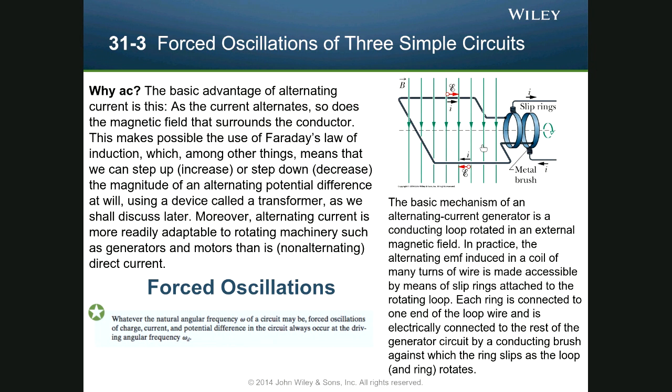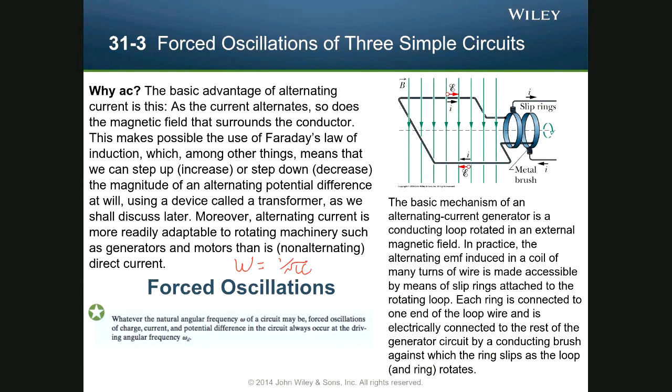So one thing we want to know about forced oscillations is that whatever the natural frequency omega of the circuit may be, forced oscillations in the circuit occur at the driven angular frequency. So you're going to see, I try to talk about this a little bit. When you build an LCR circuit, it will have a resonance frequency.